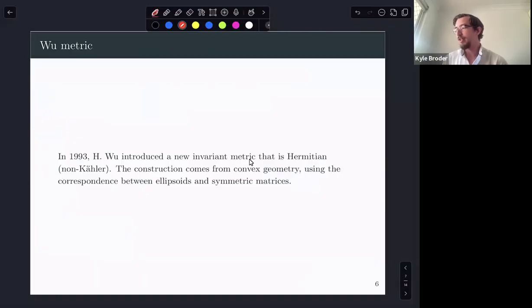So this Wu metric was introduced by Hongxi Wu in 1993, and he discovered an invariant metric that is Hermitian but not Kähler in general. The construction comes from convex geometry, and in particular, the correspondence between ellipsoids and symmetric matrices.